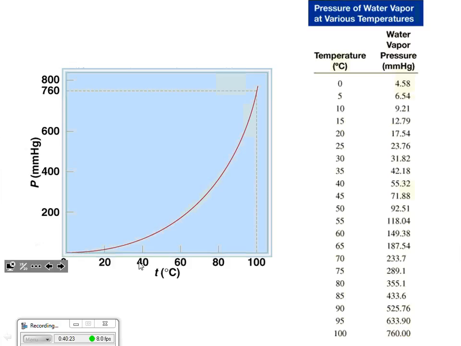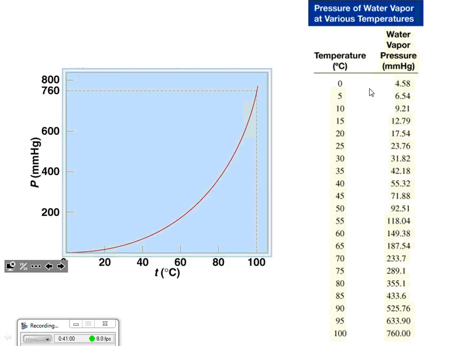Now, this slide is just showing you the partial pressure of water. So by reading this chart, or I could use this graph, I can tell you what the water pressure is. When you do this lab later on, I'm going to give you a chart that you'll have to read to determine the water pressure.